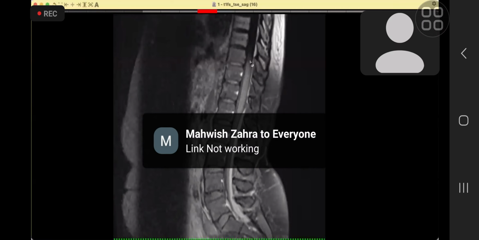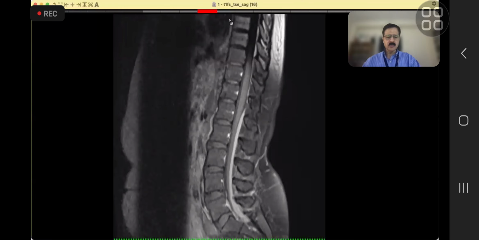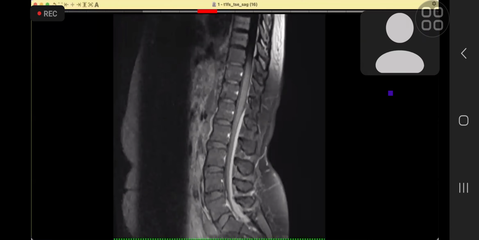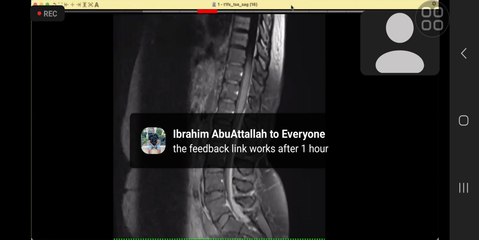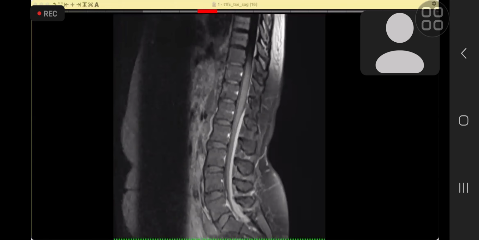Further up. Okay. My differentials for this would include malignancy, specifically lymphoma. Infection would include TB, but there's no associated bony involvement or epidural abscesses, so that would be slightly lower in my differentials. Sarcoidosis may also give this appearance.